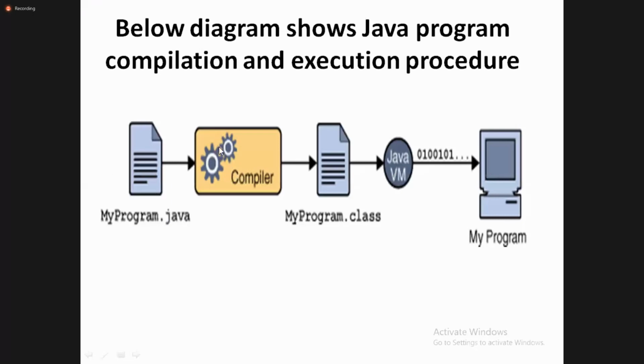The compiler software converts it into a MyProgram.class file with bytecode. The .class file is given to the Java virtual machine. The JVM then converts that bytecode into machine language, which means zeros and ones of the current operating system, and hands it over to that operating system. Then from there we get the output, just the output of my program.